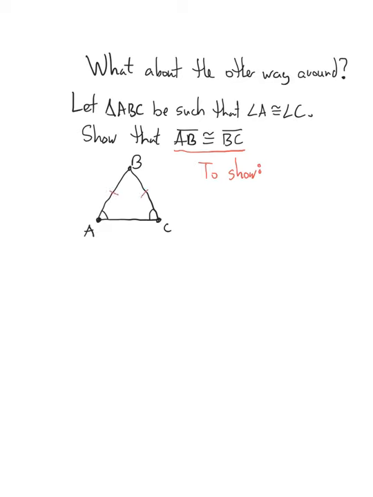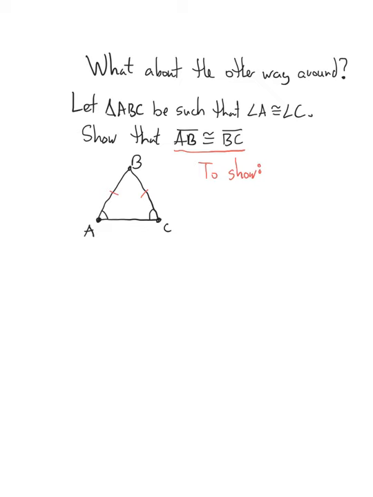So I want to show that those sides are congruent. Remember, I don't have that. That's what I want to show. So I'm going to do something incorrect here. But that's okay. Sometimes when you're proving results, it's okay to do things that are incorrect and then start again.